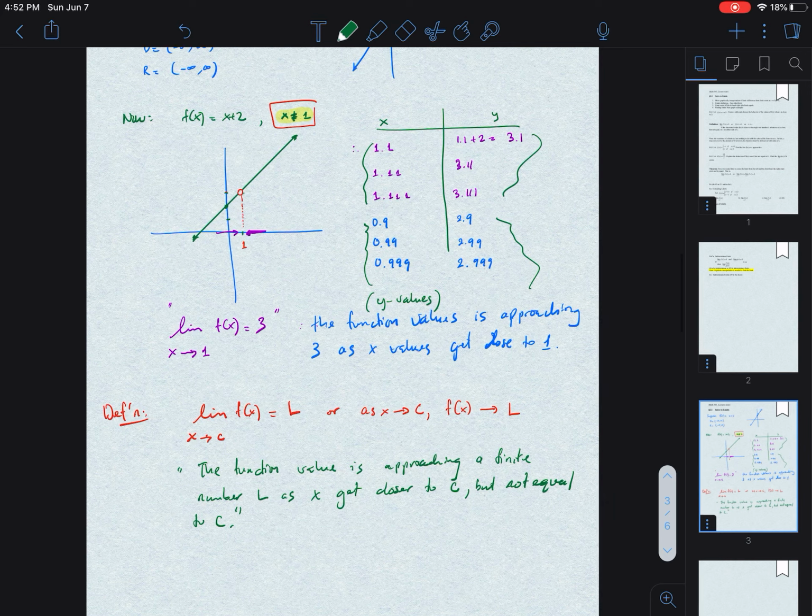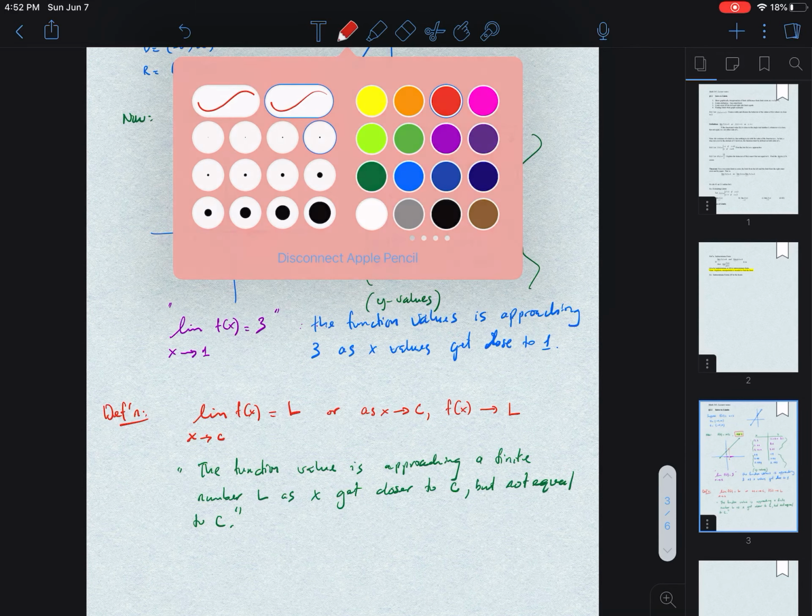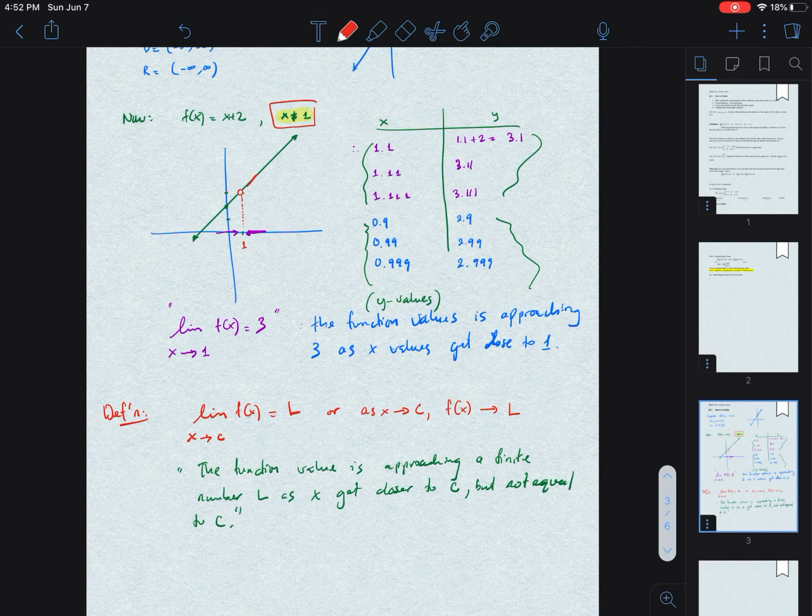It's just a concept of when the inputs are getting close to a particular value, we observe visually on the graph what's going on there: the y values are getting closer to 3. Here's a theorem that will probably make things a little more clear, or at the same time make it more complicated.